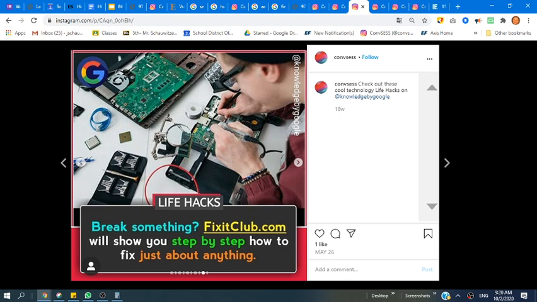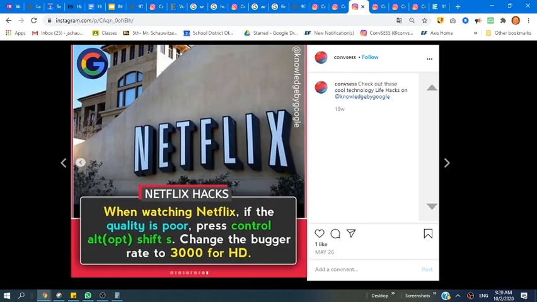Break something? Fixitclub.com will show you how, step by step, to fix just about anything. When you're watching Netflix, if the quality is poor, press Control, Alt, Opt, Shift, S, and change the bitrate to 3000 for HD. Kind of cool.